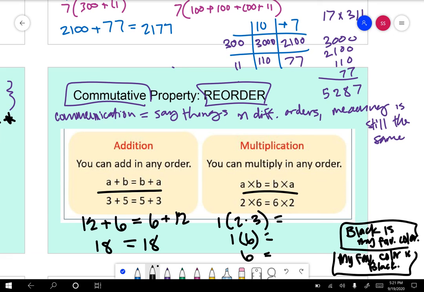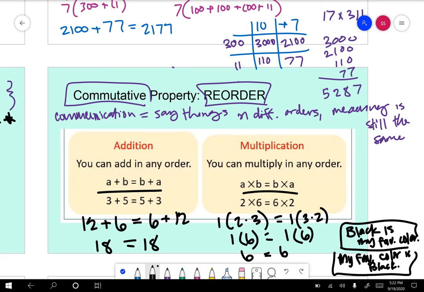It's the stuff inside the parentheses or outside that can change. So 1 would stay there. 2 and 3 are still grouped, but we can reorder them. So instead of 2 times 3, we have 3 times 2. 3 times 2 is 6, times 1 is 6.